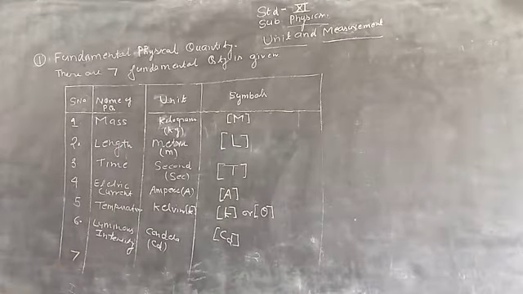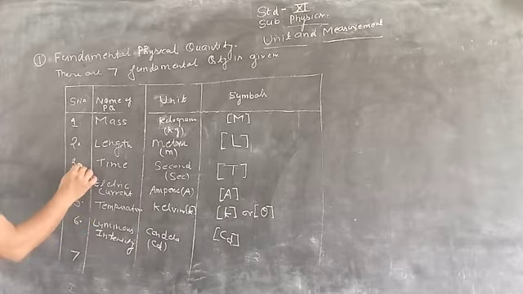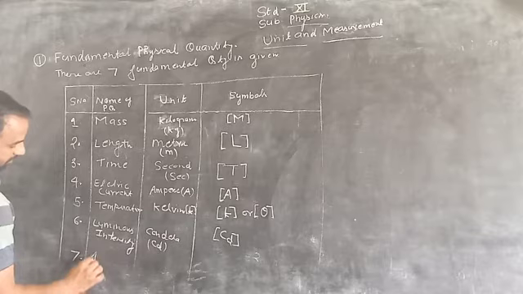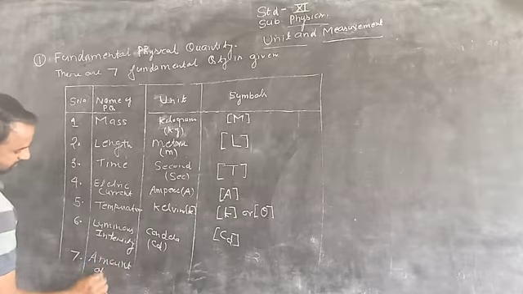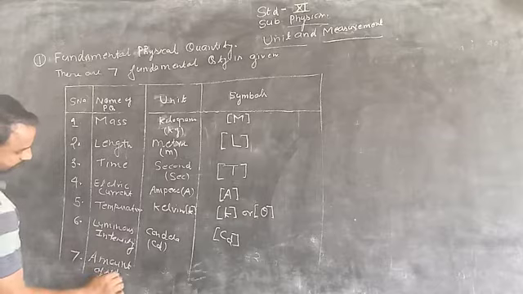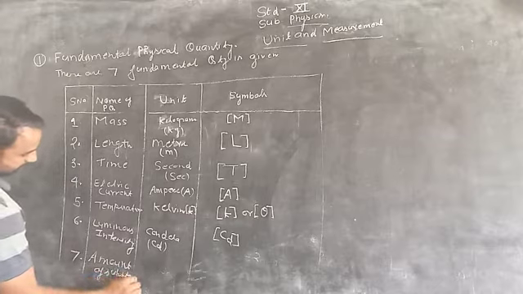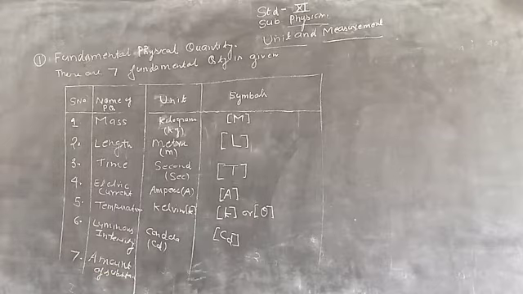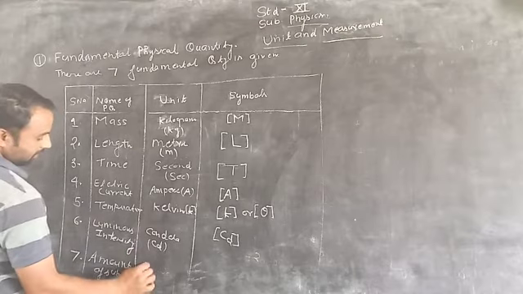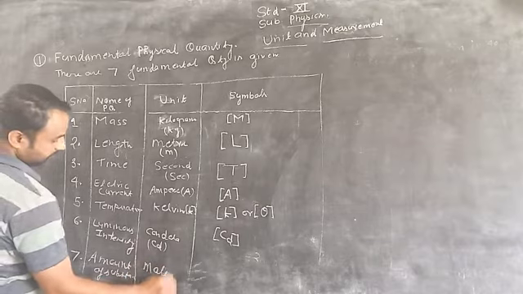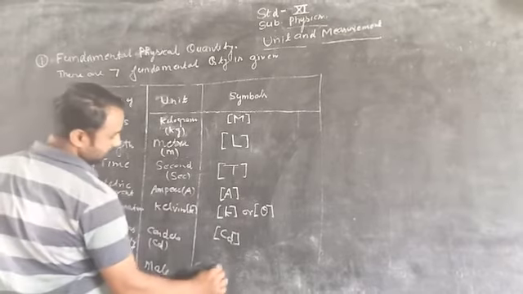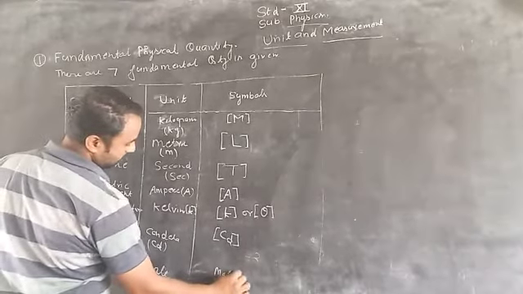Now the last fundamental quantity is amount of substance. This is represented in mole, and the symbol is also the same.